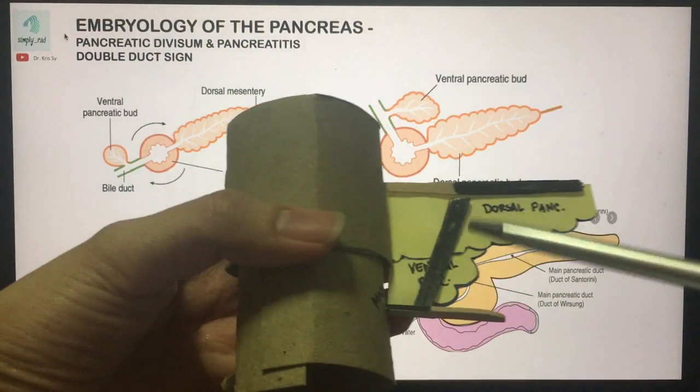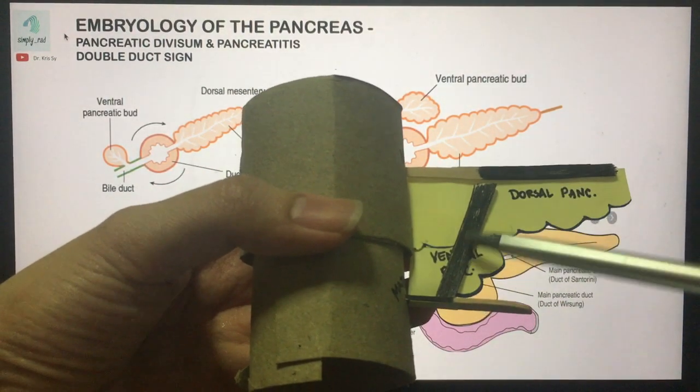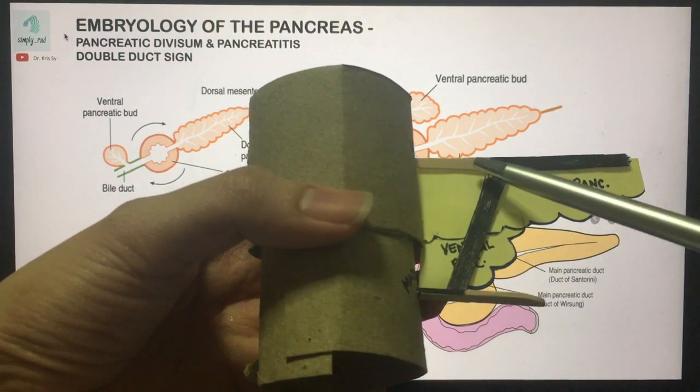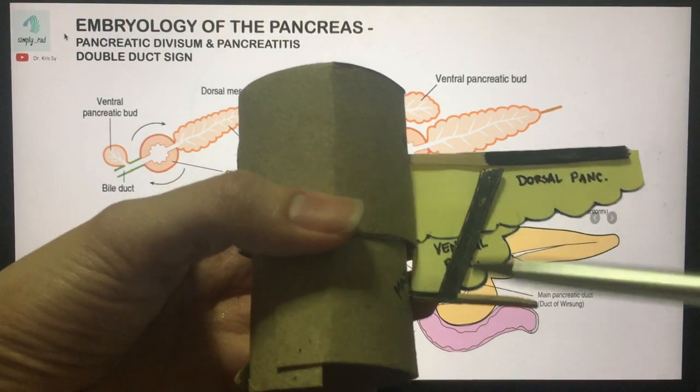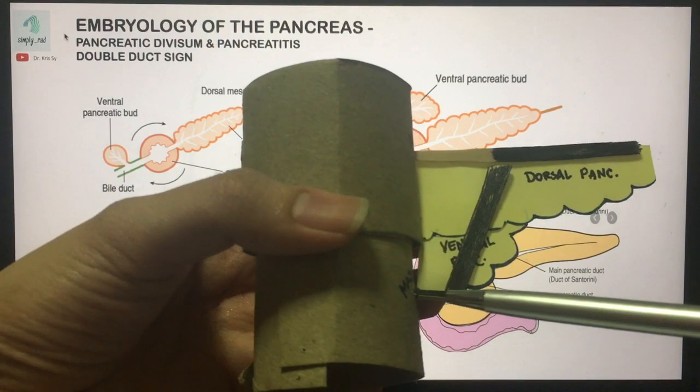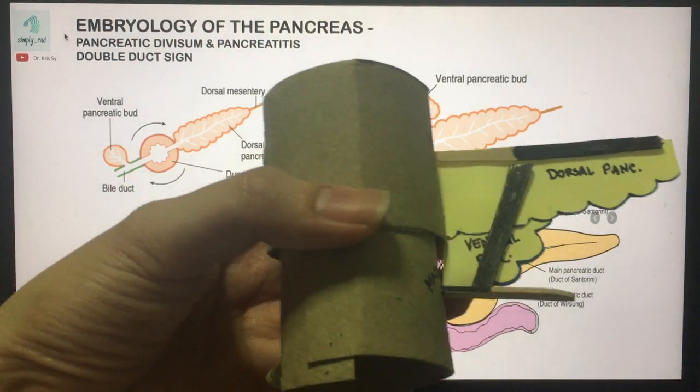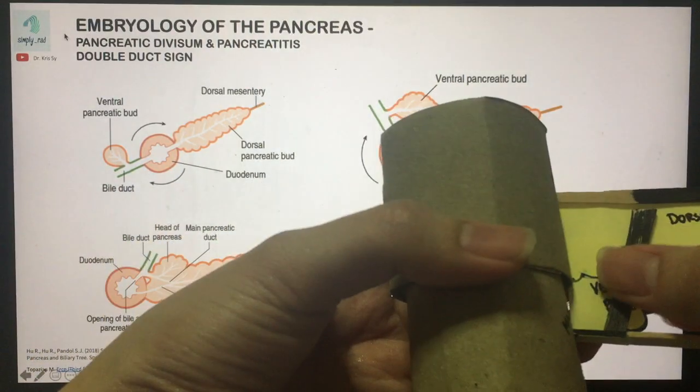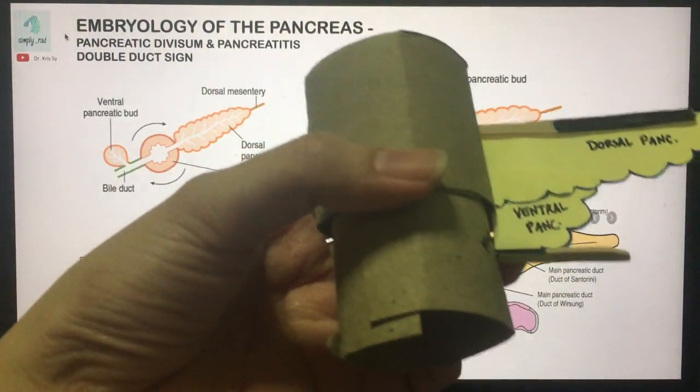So you can see here that the duct of Wirsung has portions which come from the dorsal duct and the ventral duct.